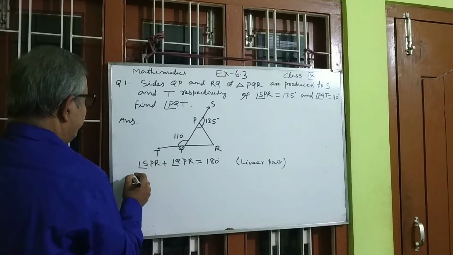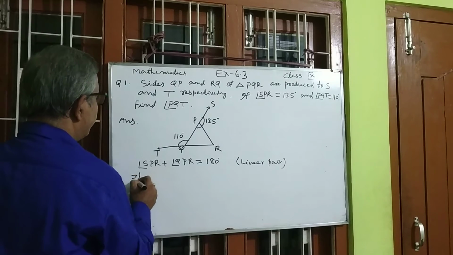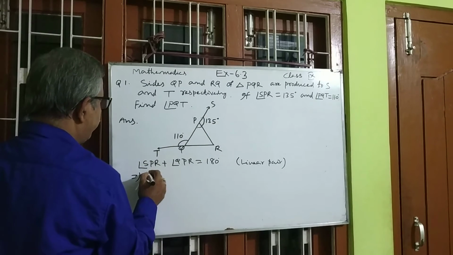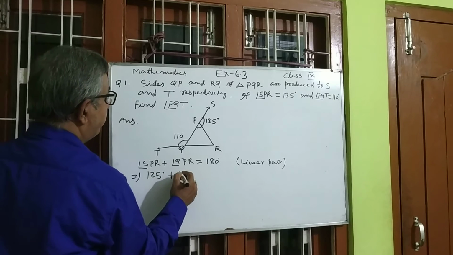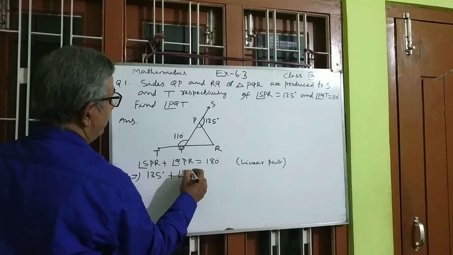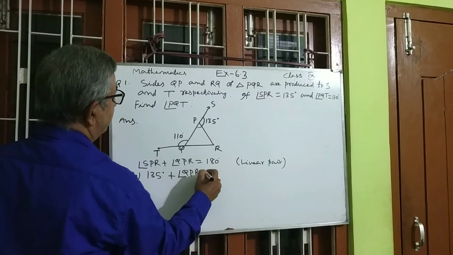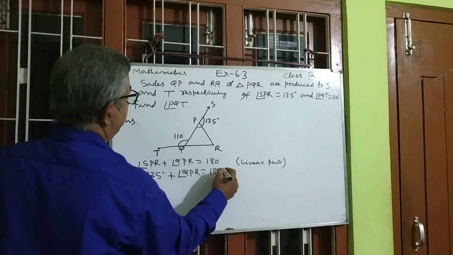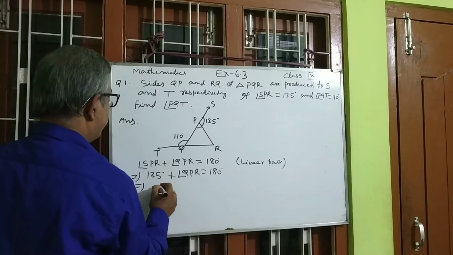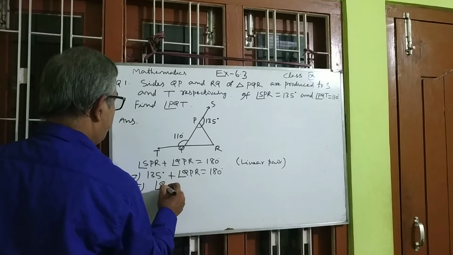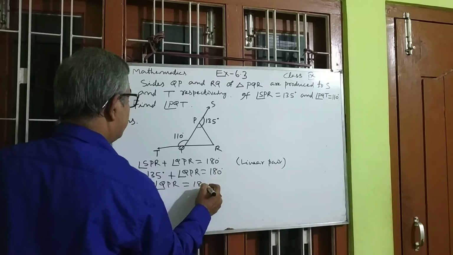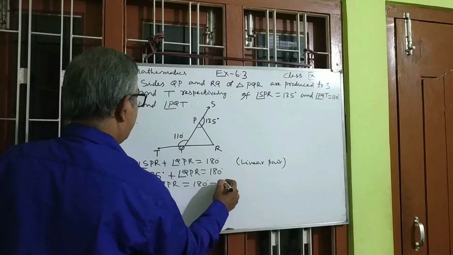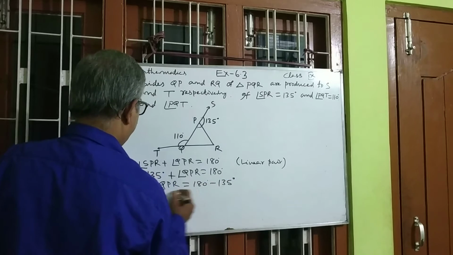Again, SPR is already given as 135 degrees. So SPR plus QPR is 180. You are getting QPR is 180 minus 135 degrees.